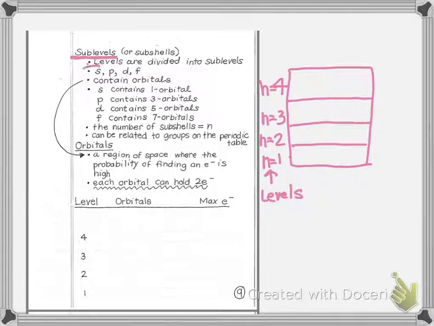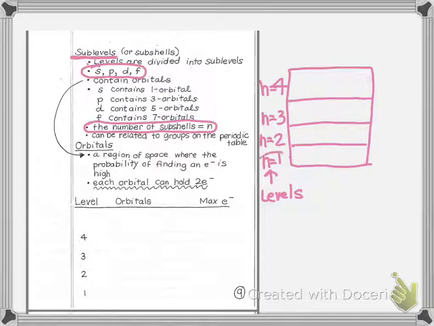Now we call these divisions, these sublevels, by letter names: S, P, D, and F. The number of sublevels is equal to the letter N, or the level you're on.